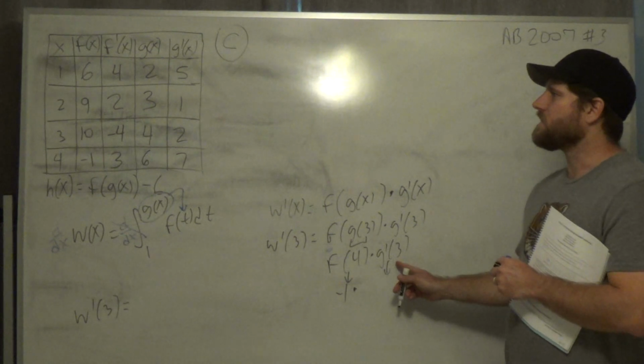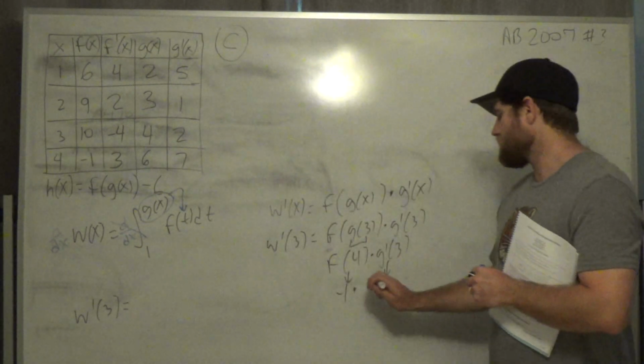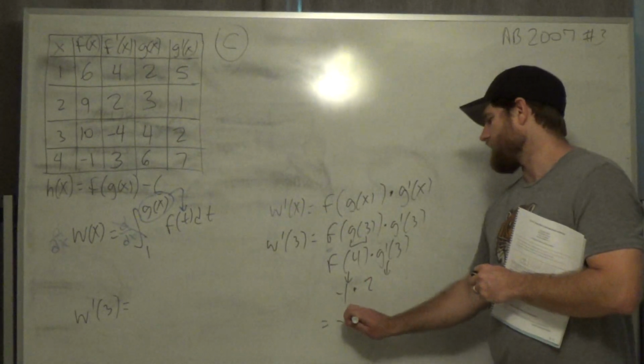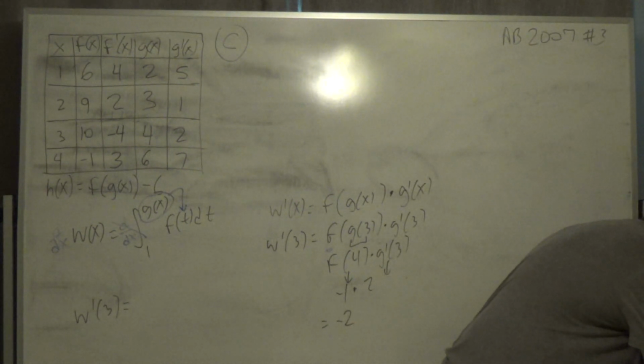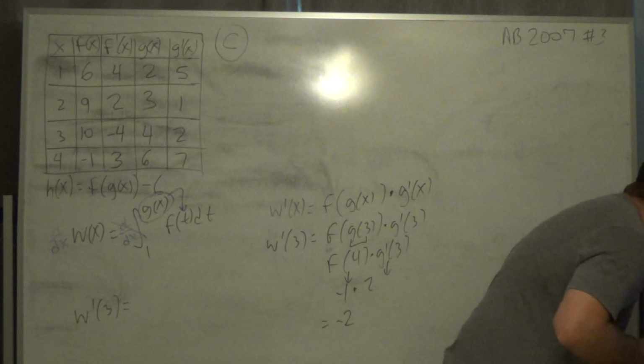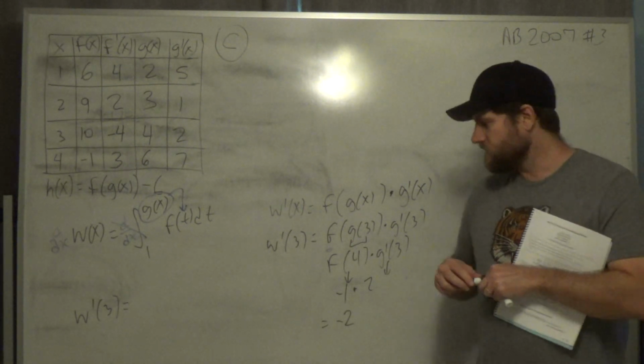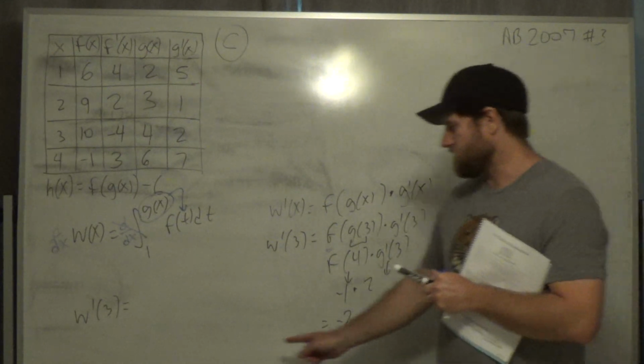G prime 3 is 2. And that gives me an answer of negative 2. Let's make sure that's the correct answer. Yes, it is. All right, so that's part C, negative 2.